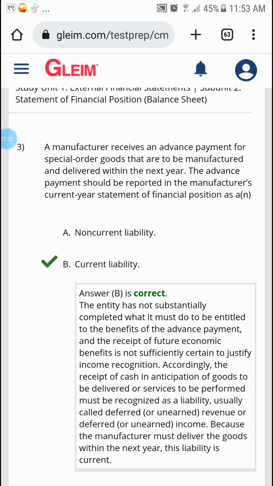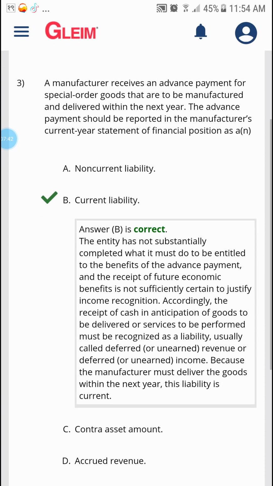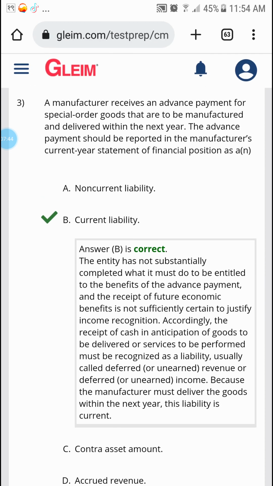Okay, so the entity has not substantially completed what it must do to be entitled to the benefits of the advance payment, and the receipt of the future economic benefit is not sufficiently certain to justify income recognition.